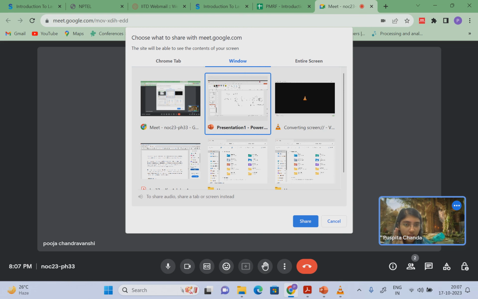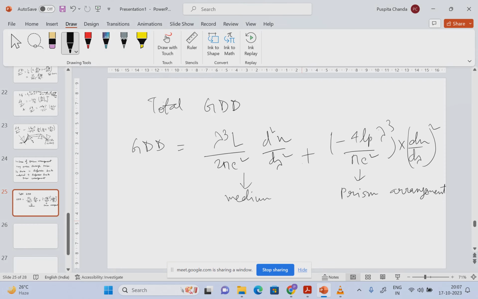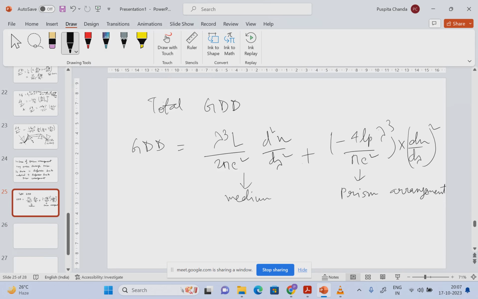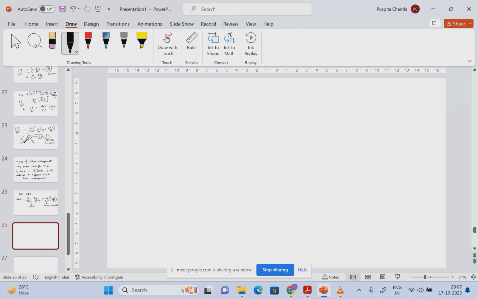What I am teaching is more of an extension: how this came, how the prism works, what happens because of nonlinear effect, how dispersion gets affected, and how with the help of this dispersion effect we can shorten the pulse. That's what I'm discussing.